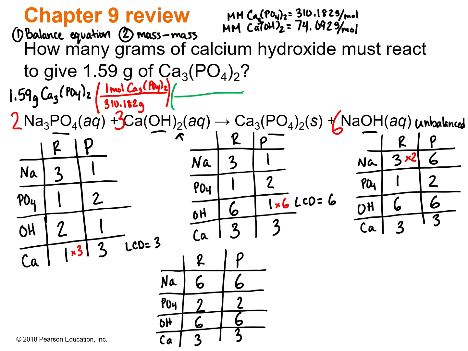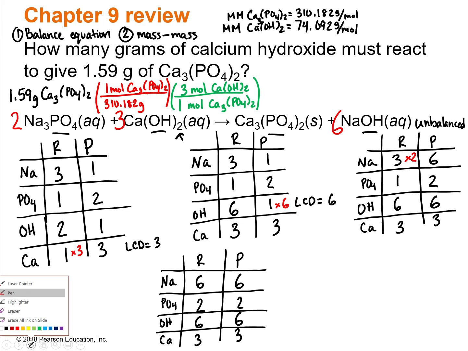We're trying to figure out how much calcium hydroxide, so calcium hydroxide goes on top. And the moles of calcium phosphate go on the bottom. Then we use the molar mass of calcium hydroxide to figure out the number of grams.